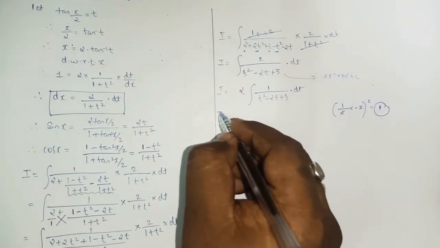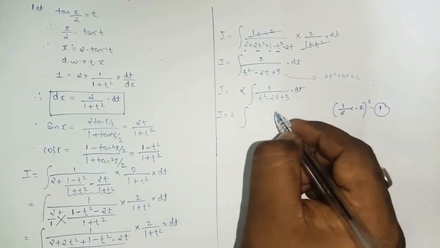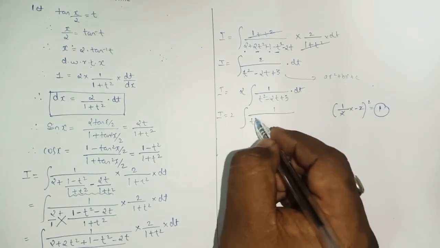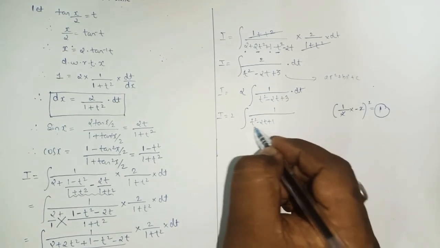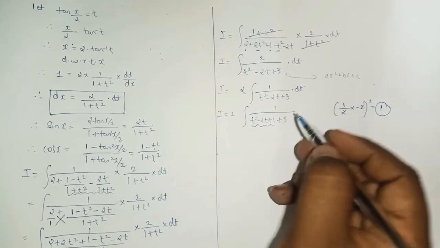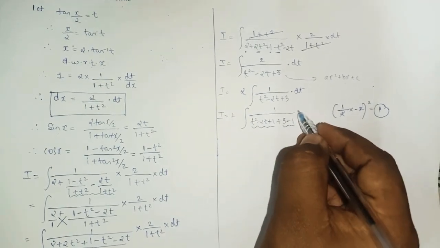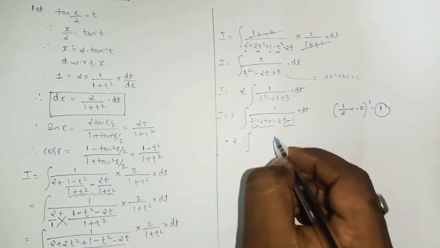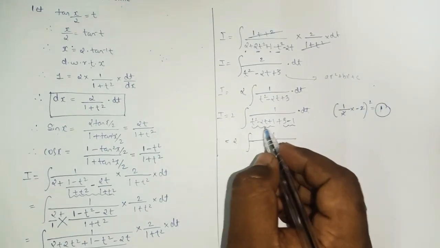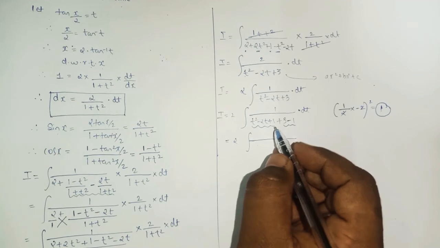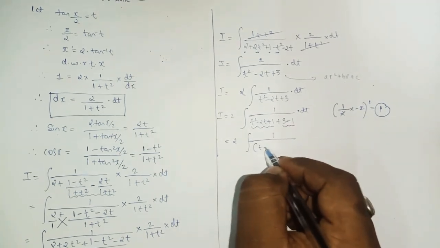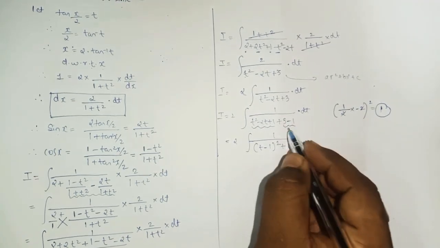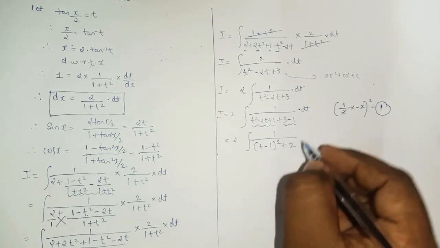We know that we'll add the number and we'll subtract this number. Yes or no? So further this we can write as what? T square minus 2t plus 1 we can write as what? T minus 1 the whole square. 3 minus 1 is what? 2.